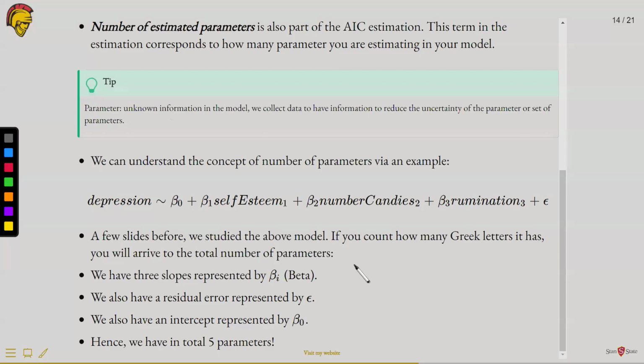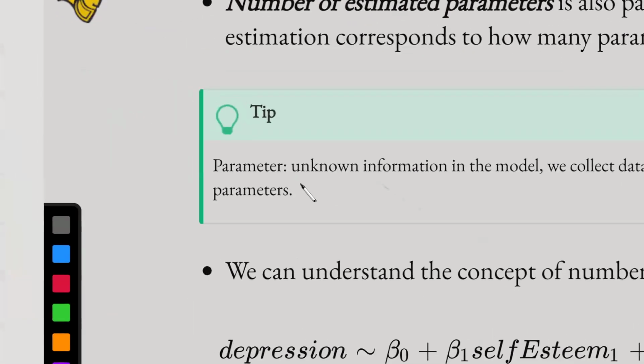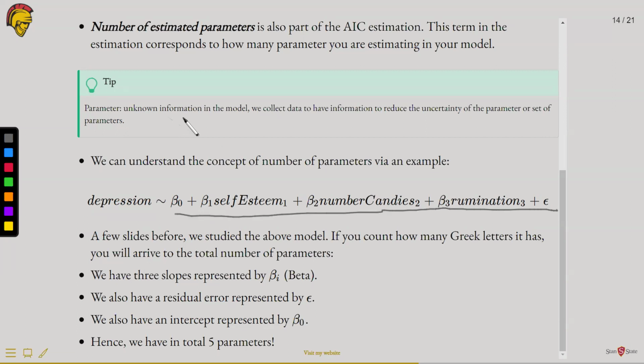Never forget the intercept. So in this model, I have 1, 2, 3, 4, 5 parameters. Everything that is a Greek letter is a parameter. And remember, what is a parameter? A parameter is an unknown information in the model, right?